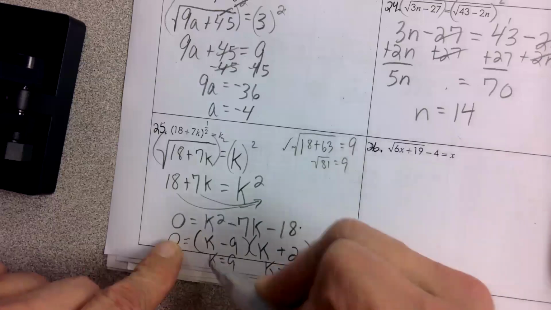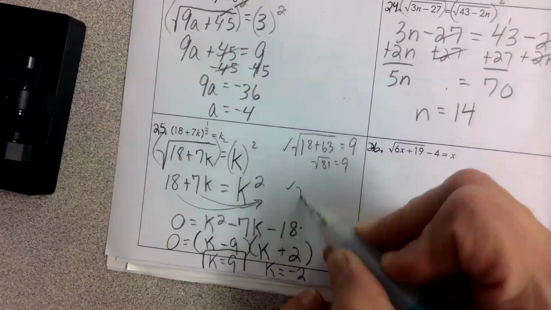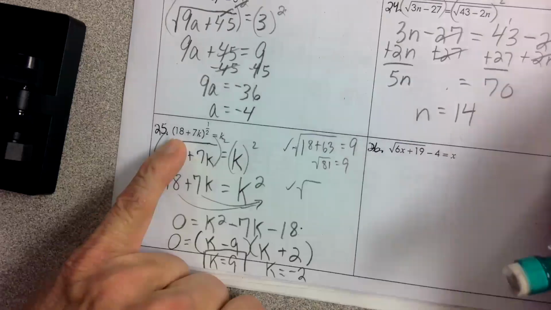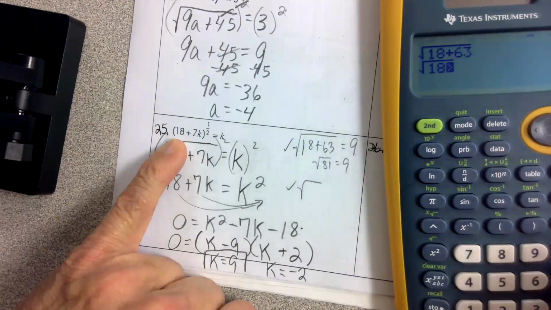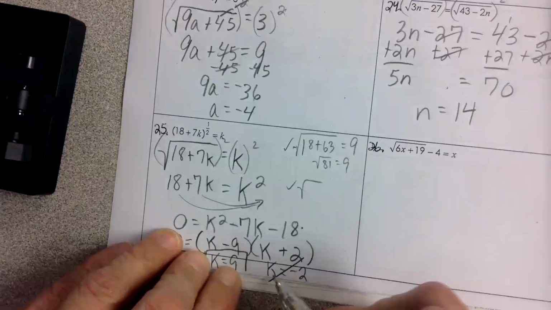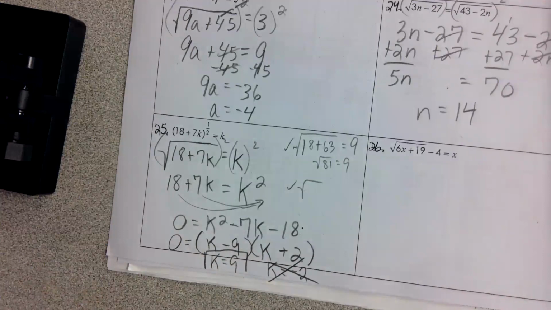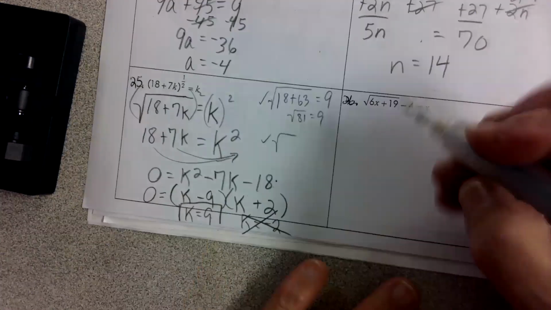So k equals 9 works. And then -2 would be 18 plus 7 times -2. So the square root of 18 minus 14 is 2. And 2 doesn't equal -2. So that one's extraneous, so it doesn't work. So your only solution is 9.